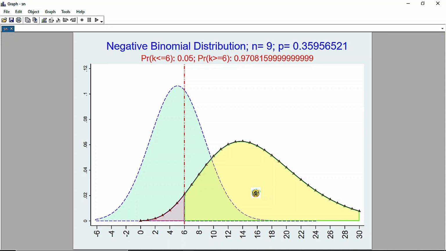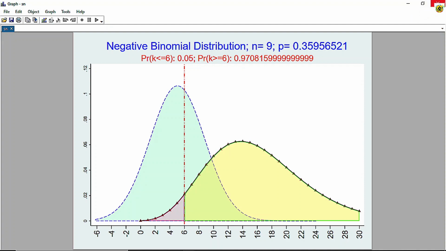For this alternative hypothesis, we have drawn this distribution assuming that the null hypothesis is true, and for this condition k greater than or equal to 6, the region covers almost most of the null area. So that is why we fail to reject the null in this case. But when k is less than or equal to 6, it is 5%, which exactly coincides with our alpha value. That is why we are in an indecisive situation.